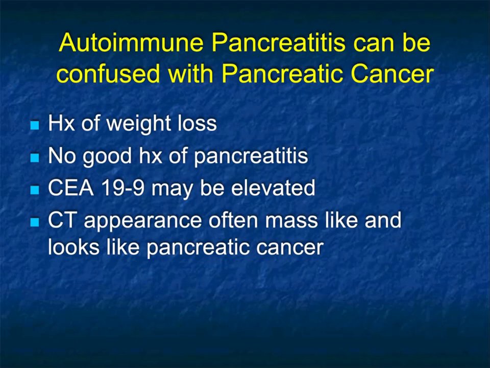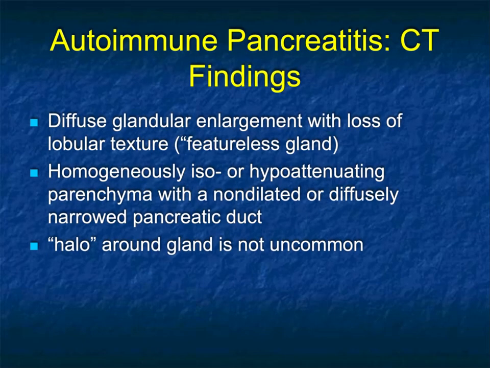But again, the CA19-9 can be elevated. So again, it's really going to be a challenge. And we have seen patients go to surgery with autoimmune pancreatitis. One of the reasons we have to really think: if a patient has negative biopsy times 2, and it looks like pancreatic cancer, perhaps rethink, could it be autoimmune pancreatitis?